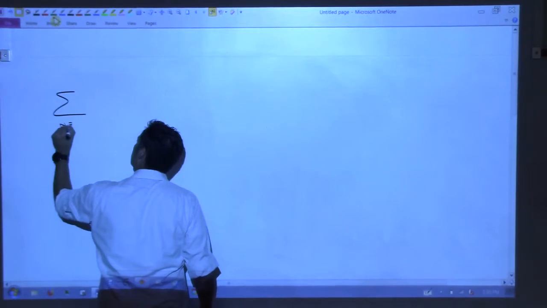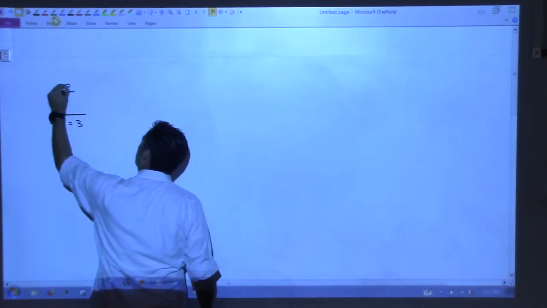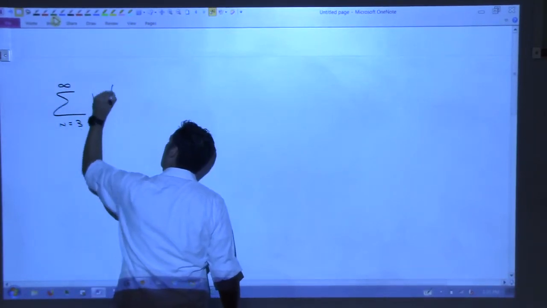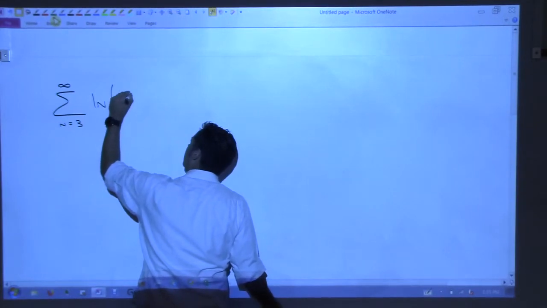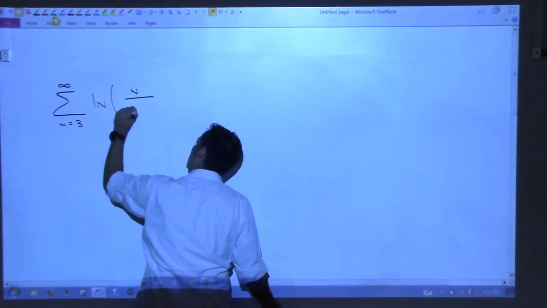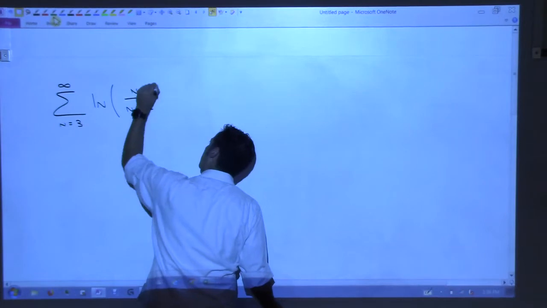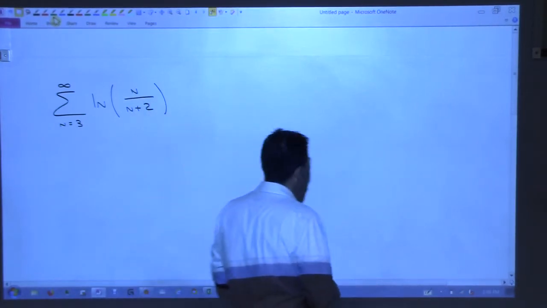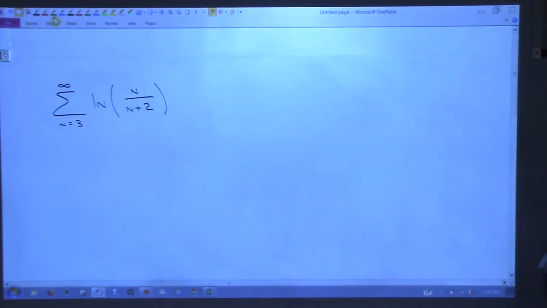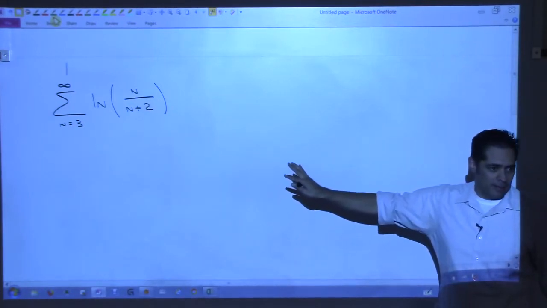Sum n equals, let's start at 3 to infinity of natural log of n over n plus 2. Now, this is telescopic, but let's act like we didn't know that, okay?